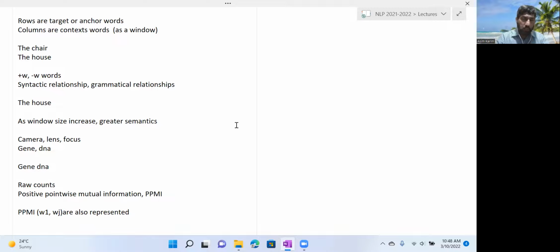Okay? So I can write this as word W and C. Both of them are words. W is the word and C is the context word, the context word C that occurs in the vicinity of word W. So this is defined as log.